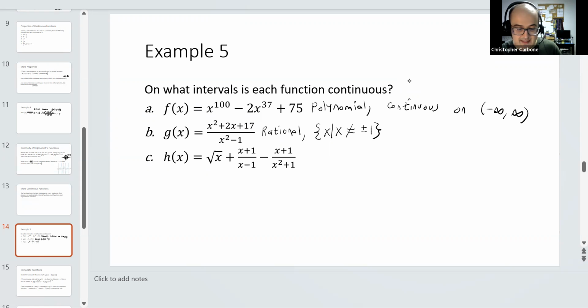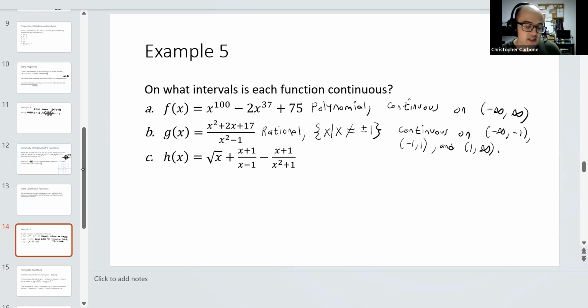So x can't be positive or negative 1. That means we are continuous on several intervals: negative infinity to negative 1, negative 1 to positive 1, and positive 1 to infinity.